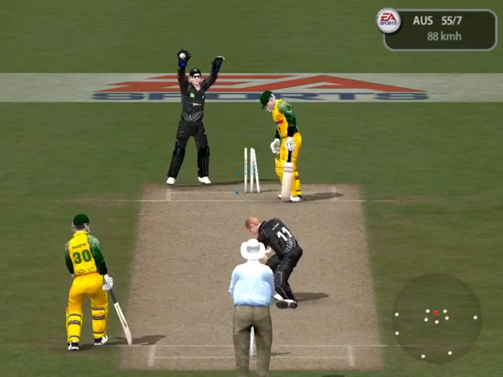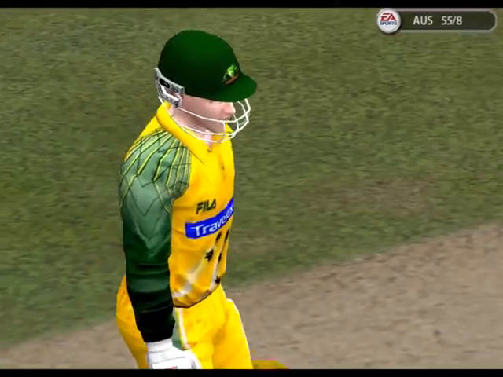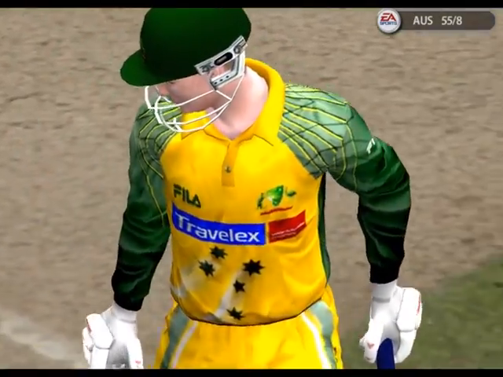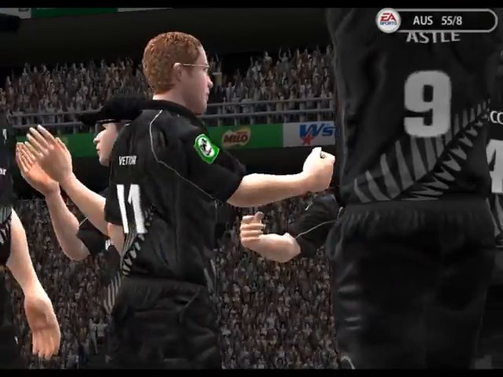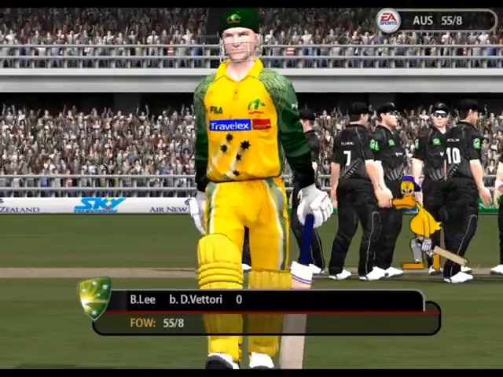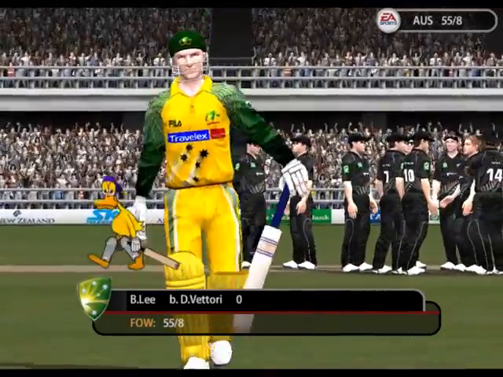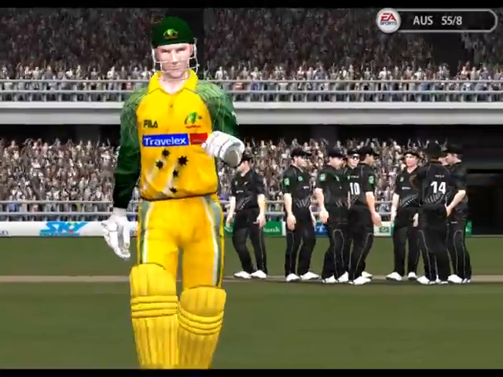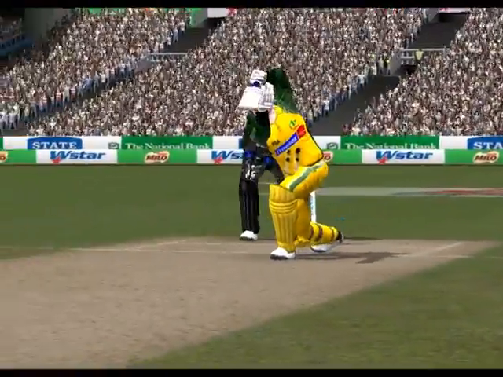He seemed to completely misjudge the delivery and ended up playing all around it. Vettori gets his 4th wicket. Lee makes his way back to the dressing room. Out first ball. He might just as well have stayed in the dressing room. This was the end of the innings for Lee.